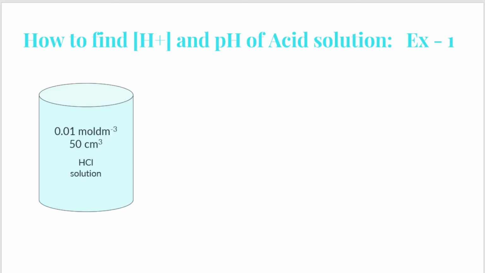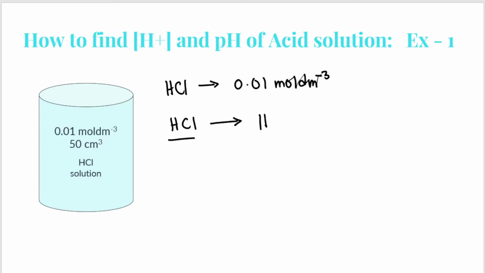In this solution, the concentration of HCl is 0.01 moles per dm cube. We know that hydrochloric acid is a strong acid, therefore it dissociates into 1 mole of hydrogen ions and 1 mole of chloride ions completely.